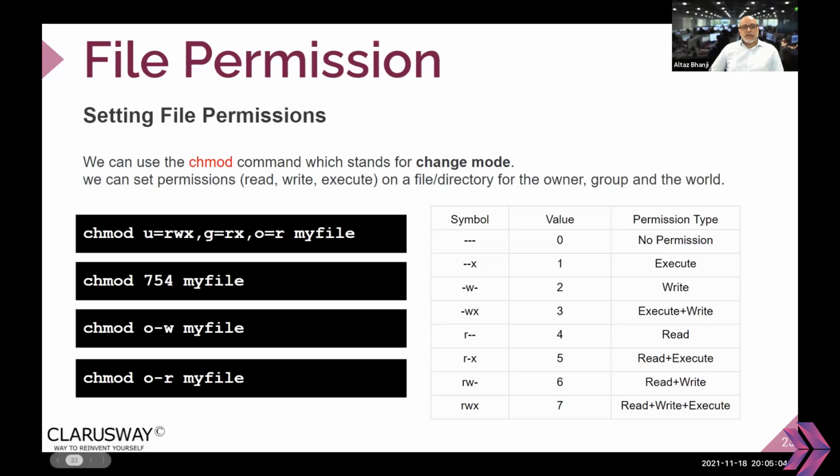So if I wanted to, for example, add execute permission for the group, how would I do that? I would do chmod, then what? G plus, yes. G plus what?